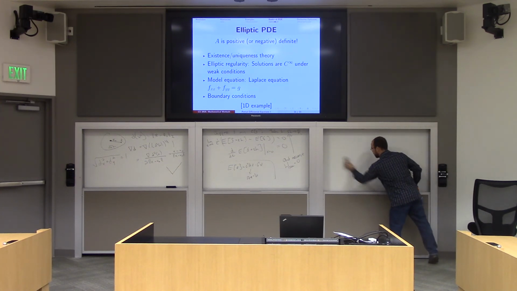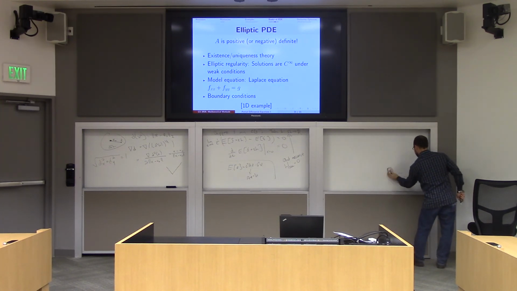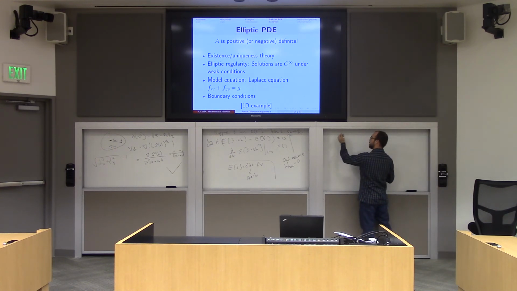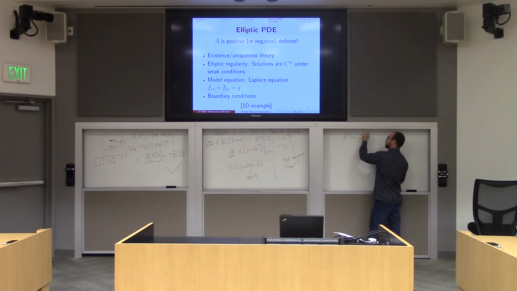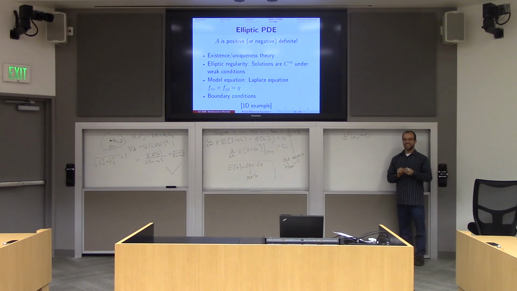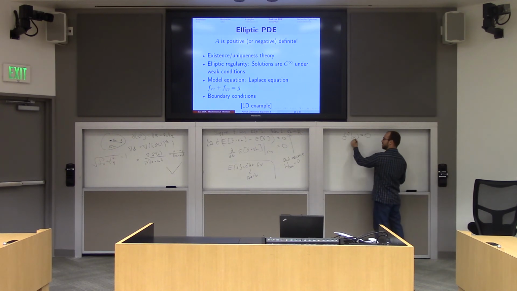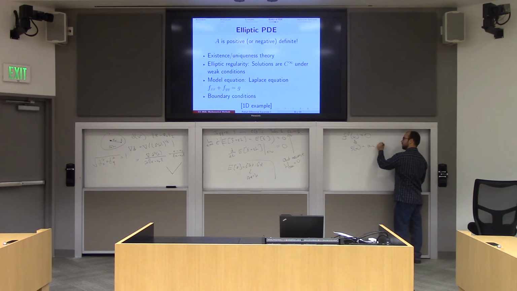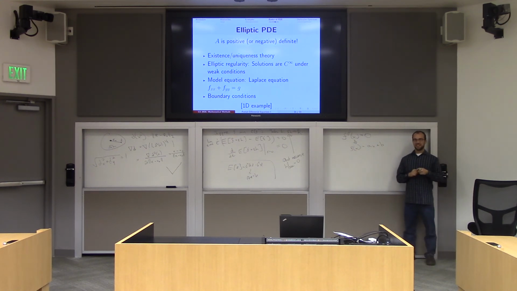So what would Laplace's equation be in one variable? Well, it would be f''(x) = 0. Obviously if the second derivative of the function equals 0, then in general f(x) = ax + b. World's easiest PDE to solve.